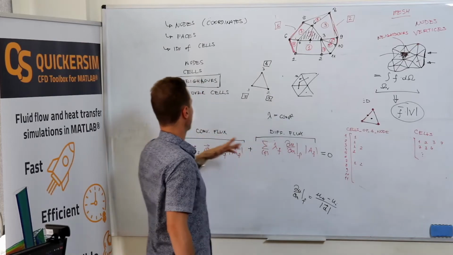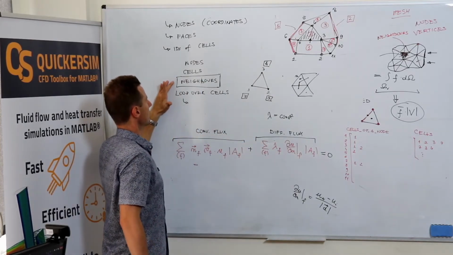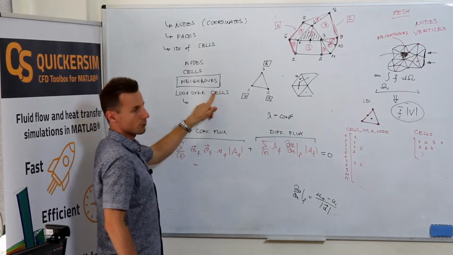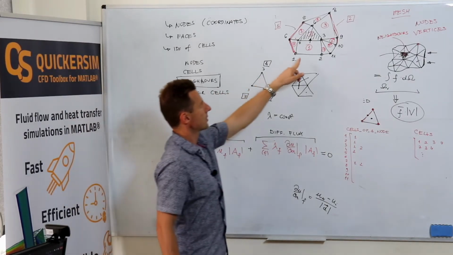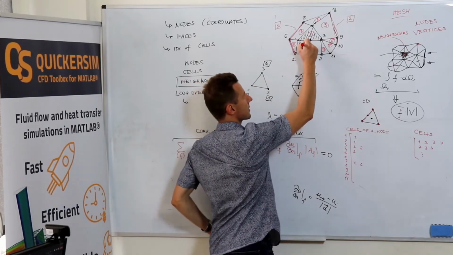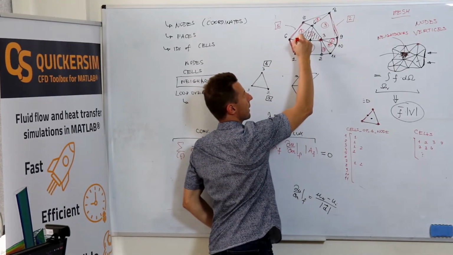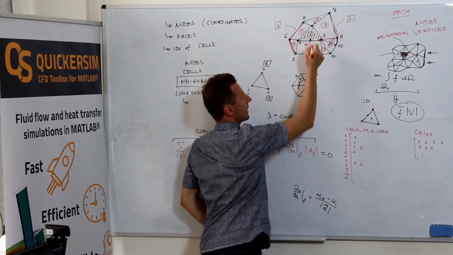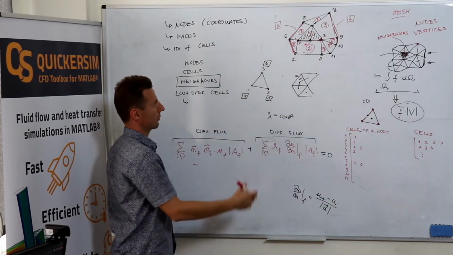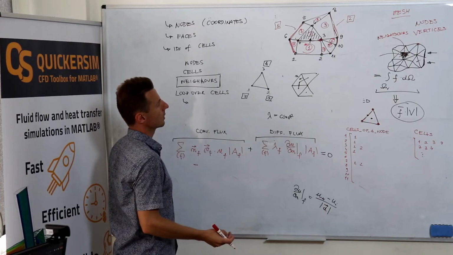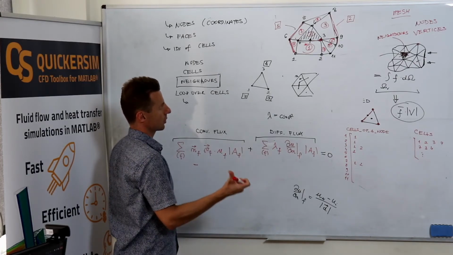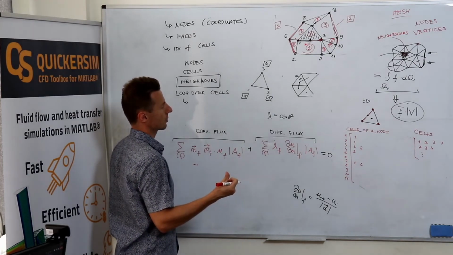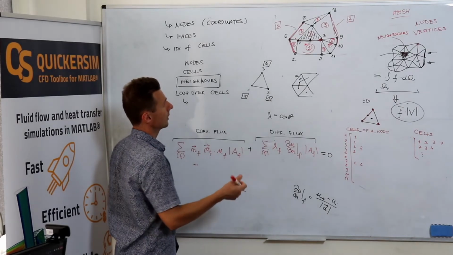So when you need to search for neighbors, you loop over all cells, but then when you start looping over the local faces and you want to find the neighbor through that face, you already know that this can only be cells that share the third and seventh node.